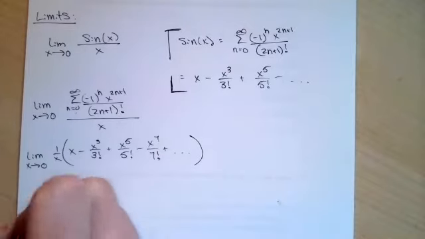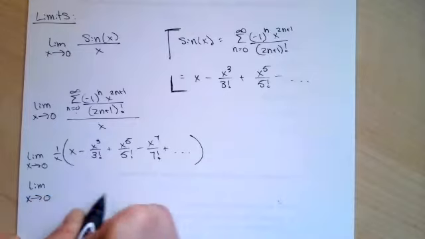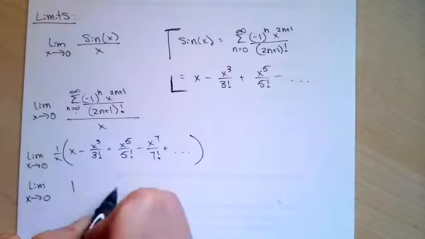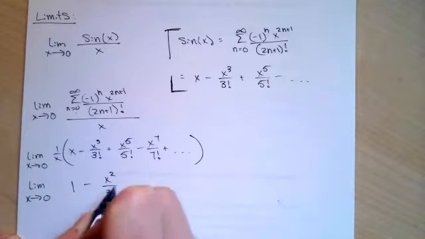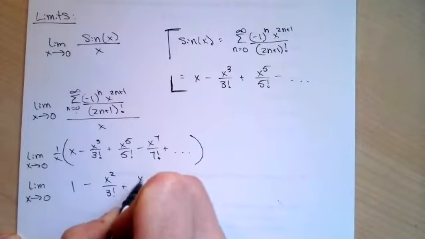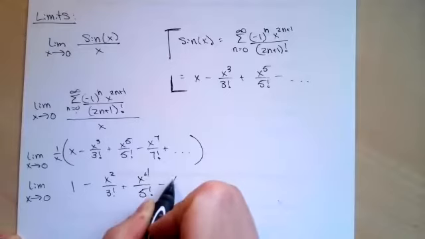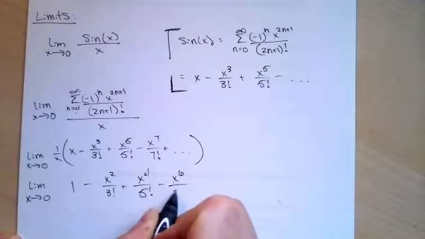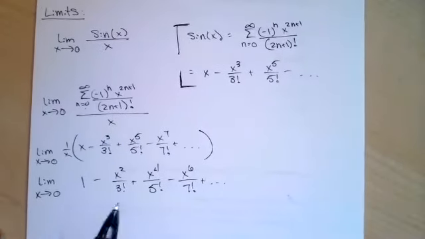And of course, when we distribute that, it'll just simplify all the numerators and bring out 1 power of x. And now what's going to happen when we plug in x equals 0?